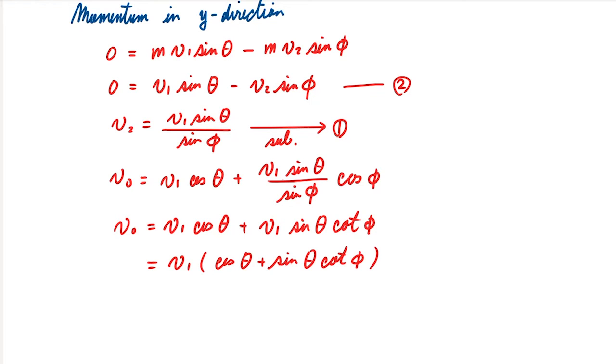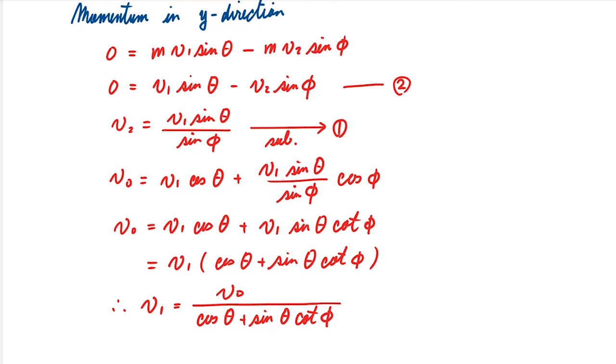Now, remember we are solving for V1 and V2. So V1 is equal to V naught over cosine theta plus sine theta cotangent phi.